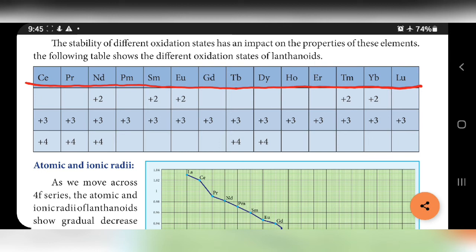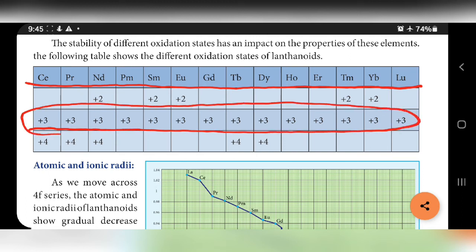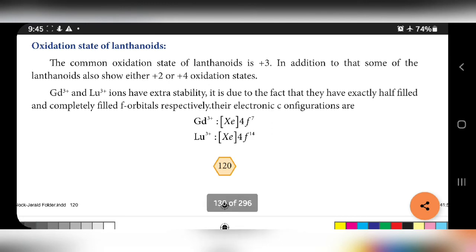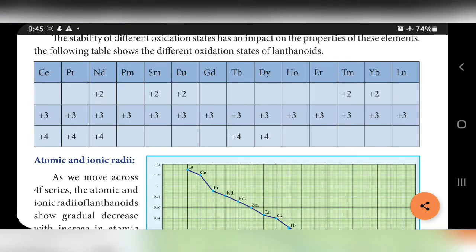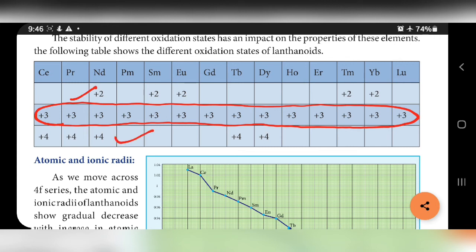That means commonly all have the +3 oxidation state. So this is the common oxidation state. In addition to that, some lanthanides also show either +2 or +4 oxidation state.